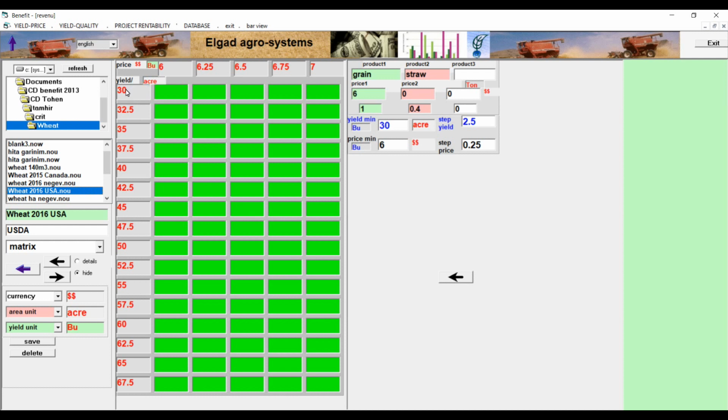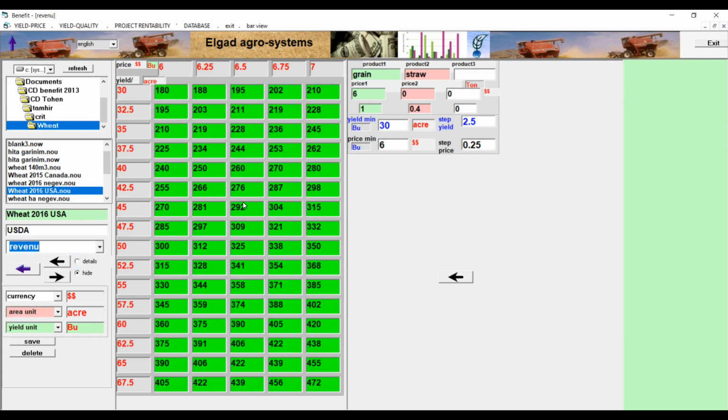We may change the number, by the way, but let us continue here. For instance, I shall test a matrix starting with the 40, so everything will change, but let us return to the 30. Now we have the possibility to verify the revenue of the crop for various yields and prices.